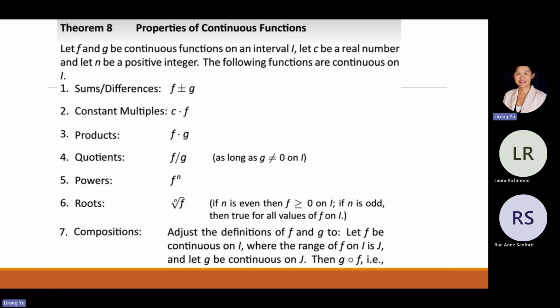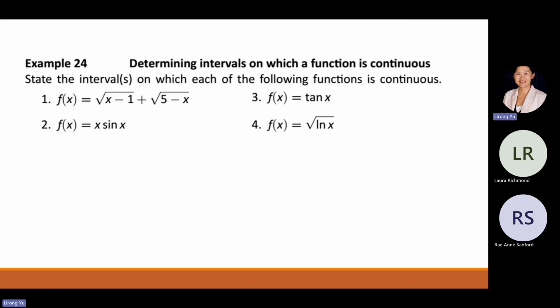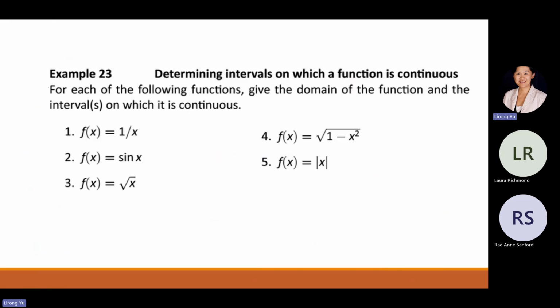So what can be a little bit complicated are the ones that have exceptions. Those are the ones that possibly cause some discontinuity or complicated cases. The rest of the examples are talking about the intervals of continuity. And we've had a couple of examples. When you have a graph, it's quite easy to see continuity.